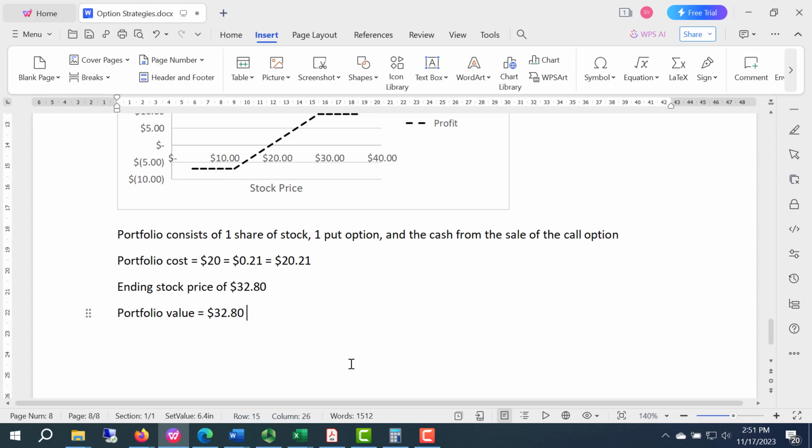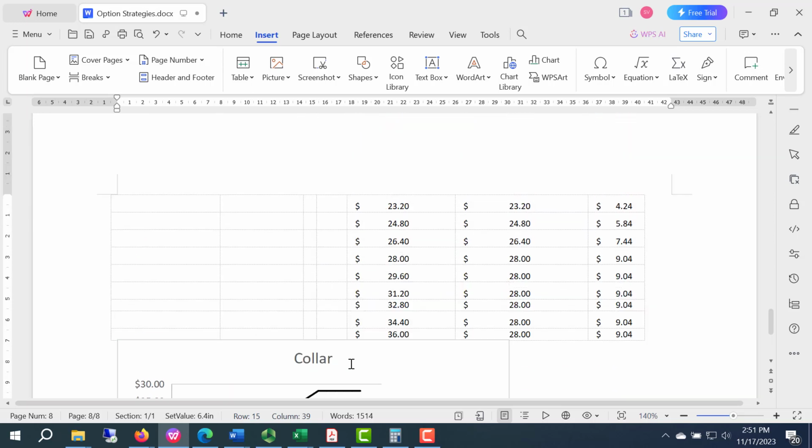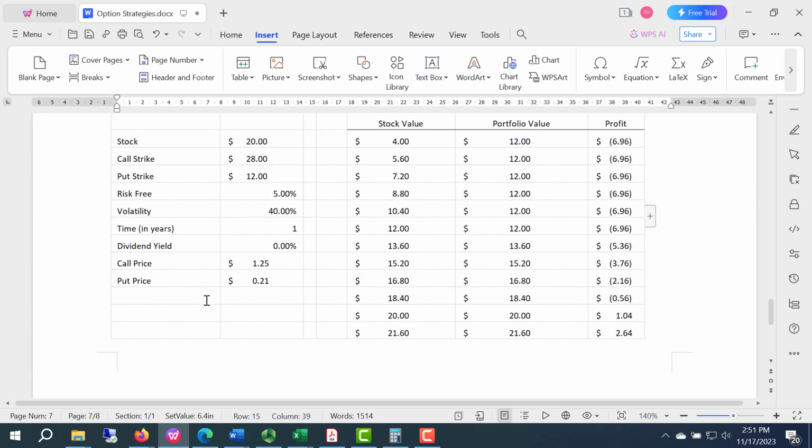We sold a call option, and so we're going to subtract out the exercise value of that call. So that's going to be the maximum of the stock price, the $32.80, minus the strike price. So our strike price here on the call is $28.